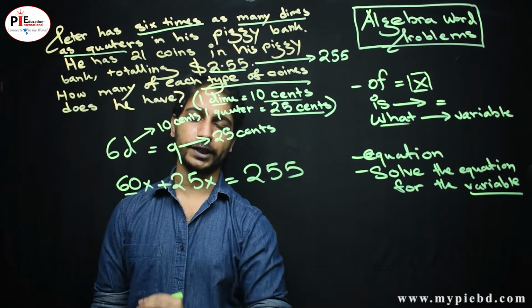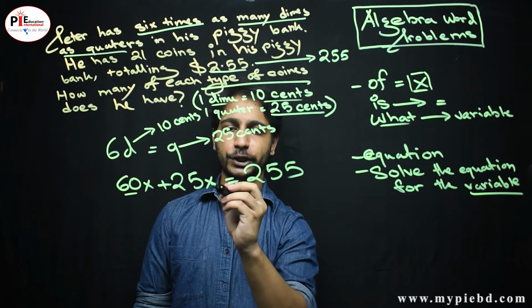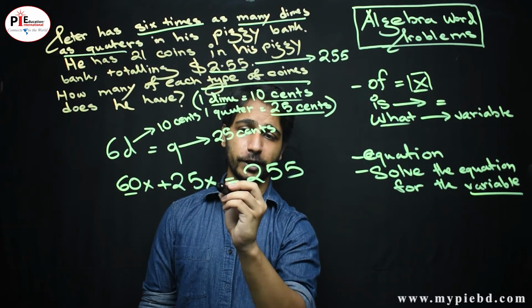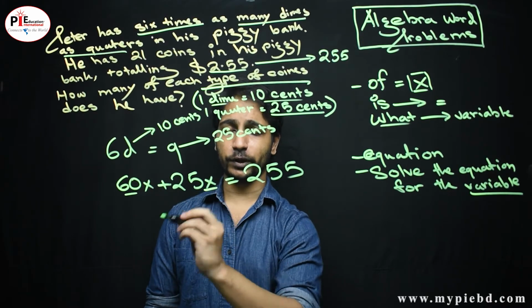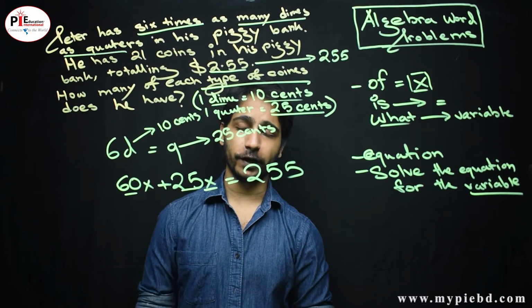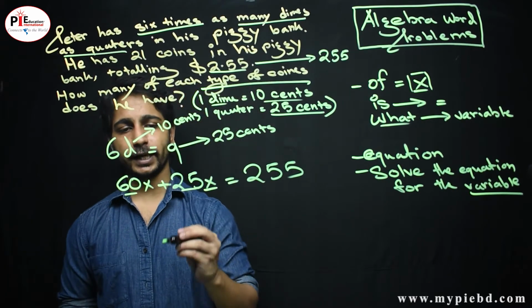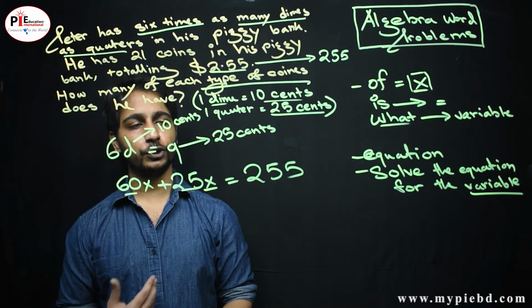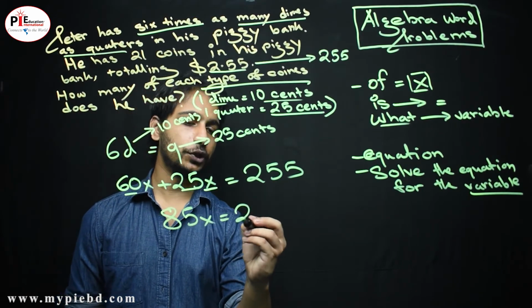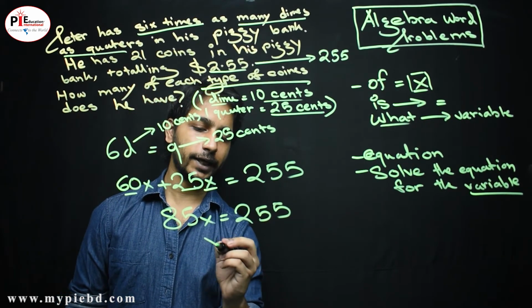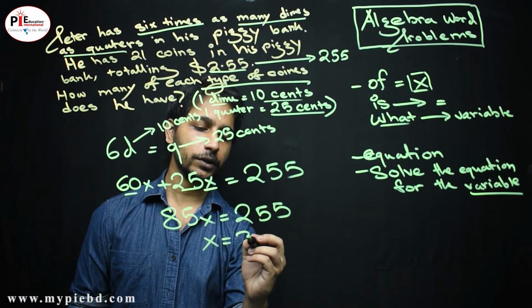So that's why you would have 60. And the x over here represents the quarter multiplied by 25, indicating quarters. That would be why you would be multiplying by 25. So you would have 60x plus 25x equaling 255, which is 85x equaling 255. And in this case, x is going to equal 3.